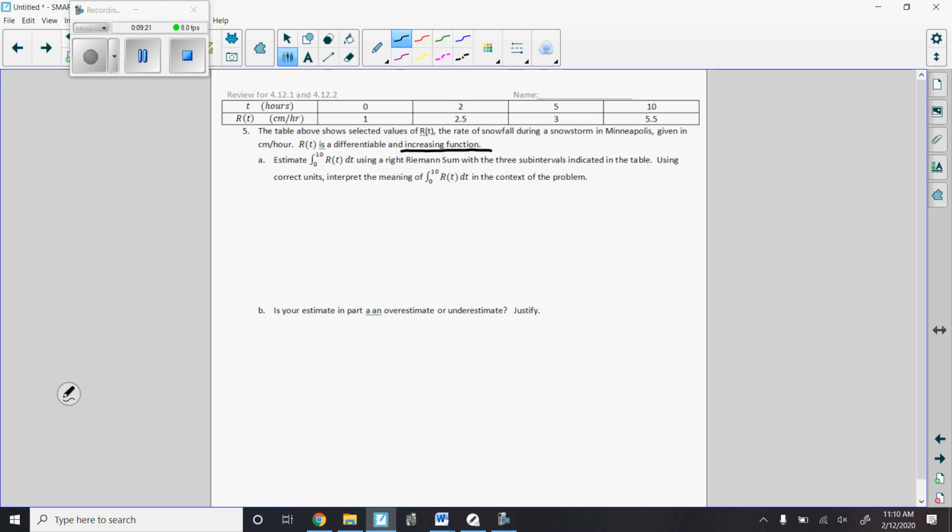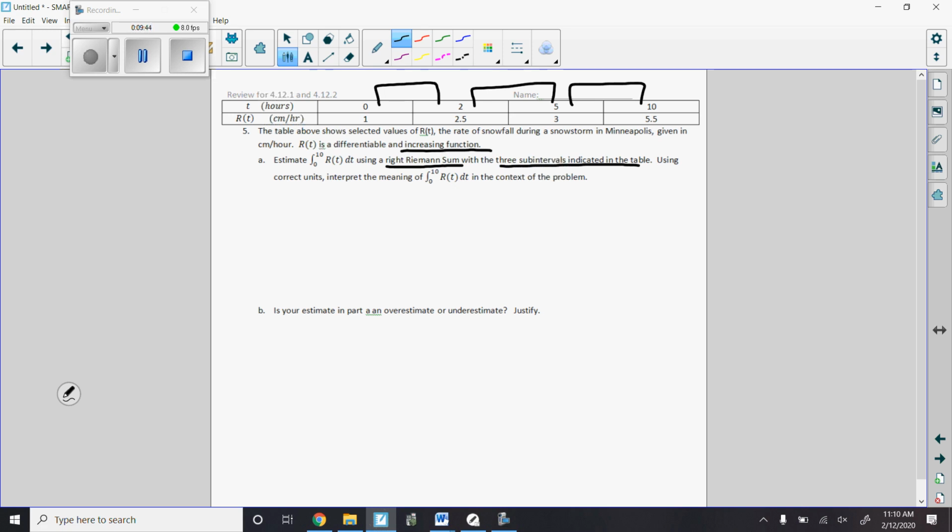This is just the calculation part. This part is usually pretty easy for people, but we just want to make sure we do it right. This is a right Riemann sum, using the 3 subintervals indicated by the table. So here's my first one, my second one, and my third one.